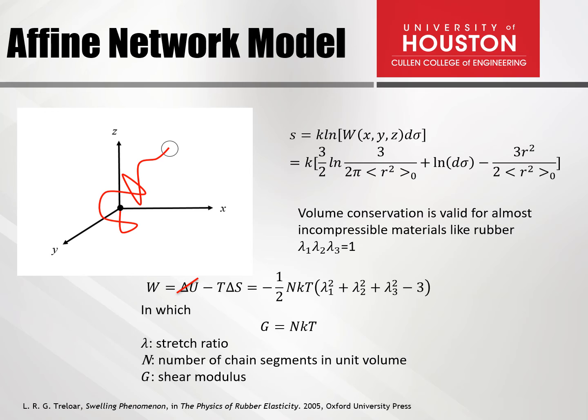In the affine network theory, free energy change is calculated. For commonly used rubber categories, Poisson's ratio is close to 0.5, and therefore volume change during deformation can be neglected, and so is the internal energy change.